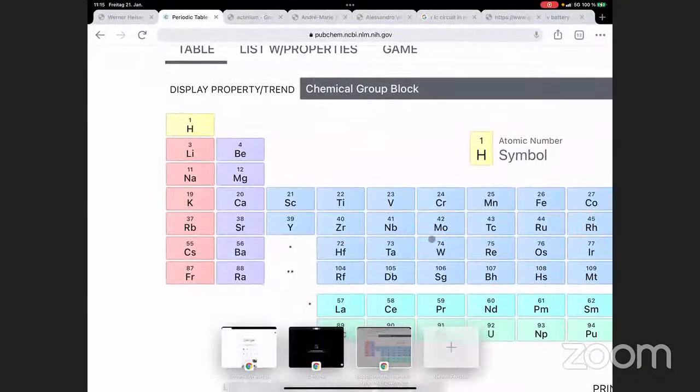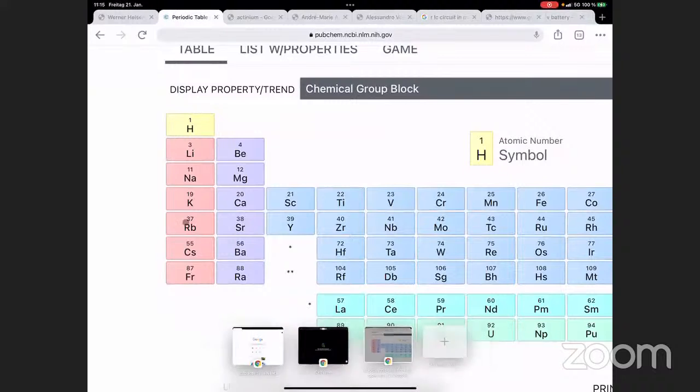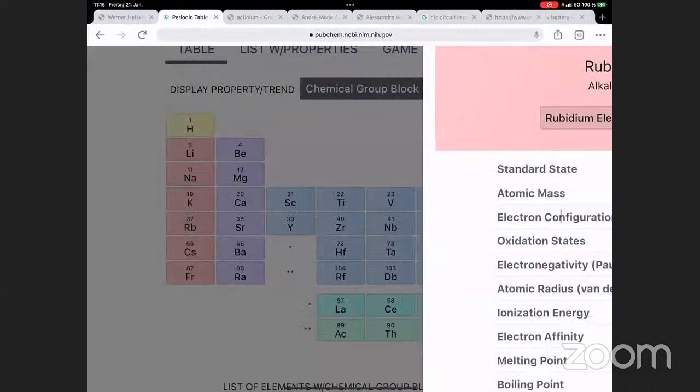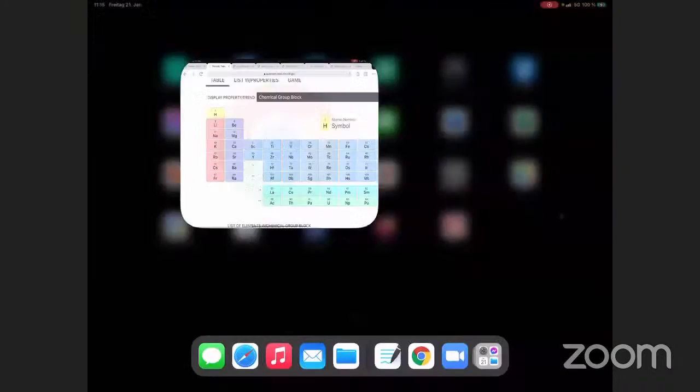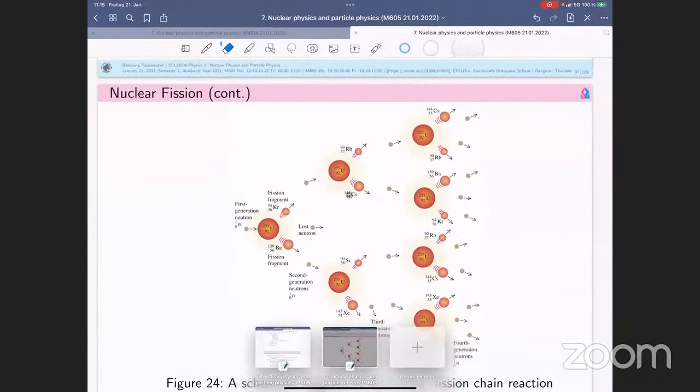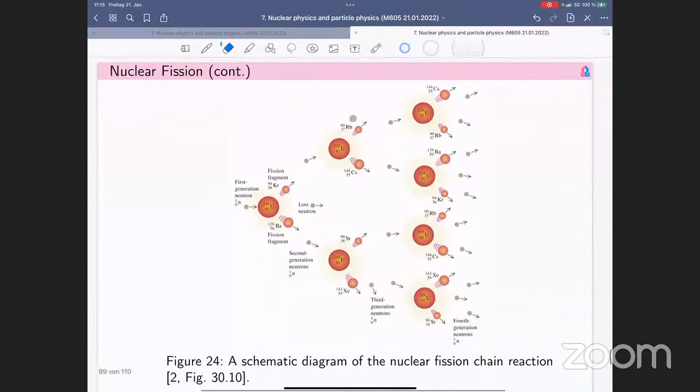Rb, what is that? I know Cs is cesium. Rb is rubidium. We could get any combination of that, rubidium or cesium, and strontium and xenon too.